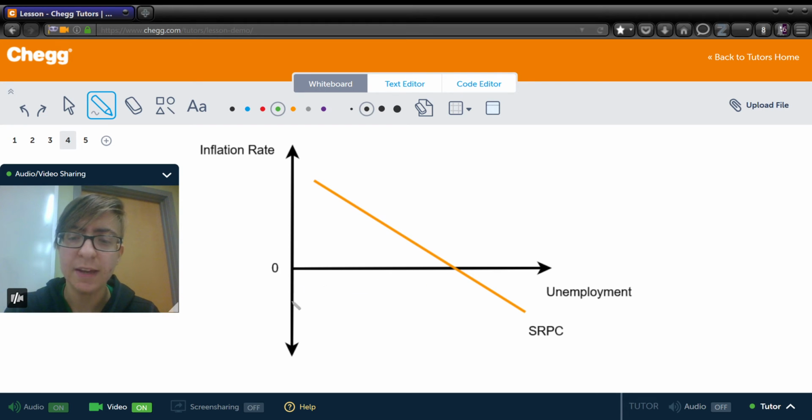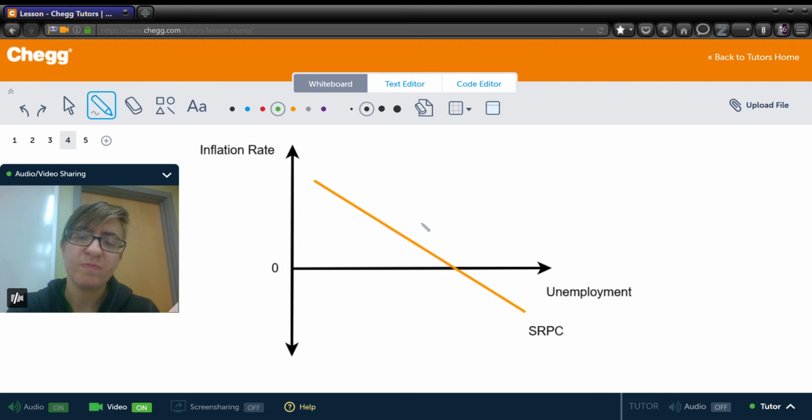And you may see this line here, which represents deflation, which I won't be covering in this particular video, but essentially it is the exact opposite of inflation. It's decreasing prices instead of a gradual increase in prices.